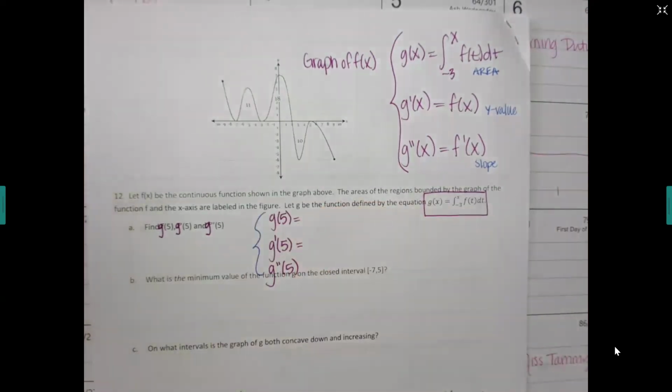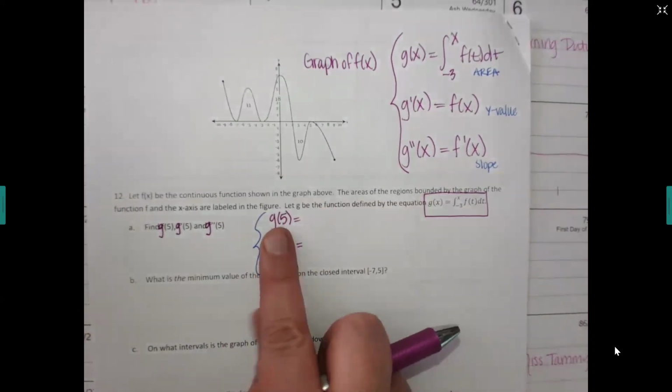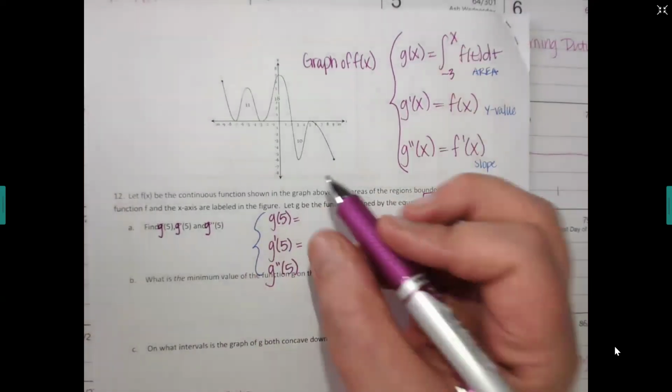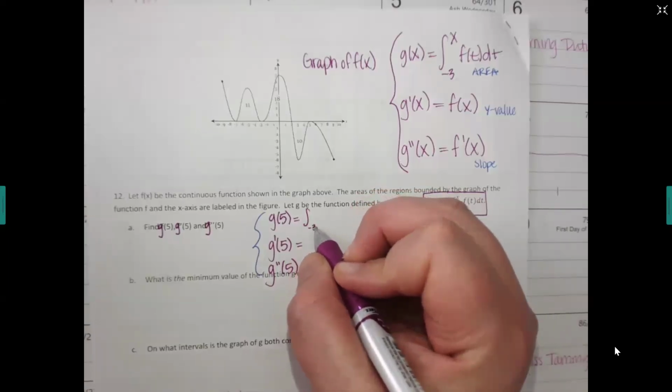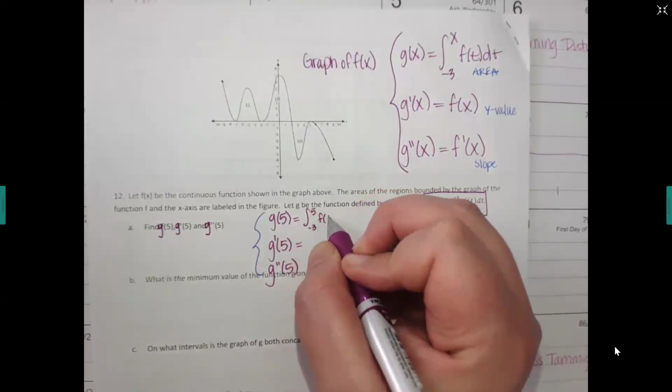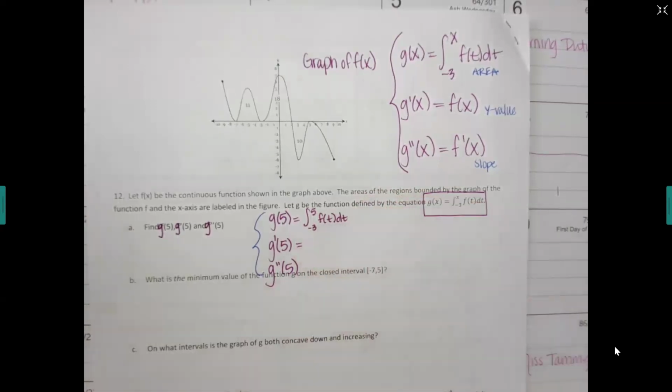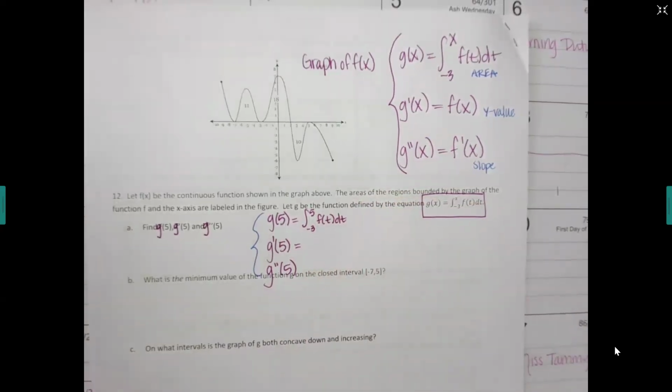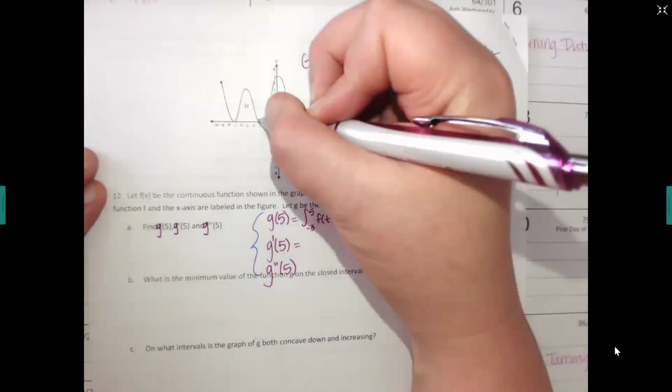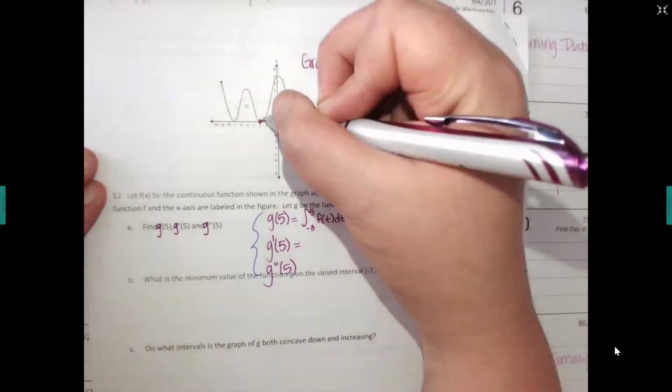So we're looking for g of 5, g prime of 5, g double prime of 5. So g of 5, I'm plugging the 5 in where the x is. And I see that it's the top endpoint. So on my graph, I'm only going to shade starting at -3 and then stopping at 5. So -3 is here, 5 is here.